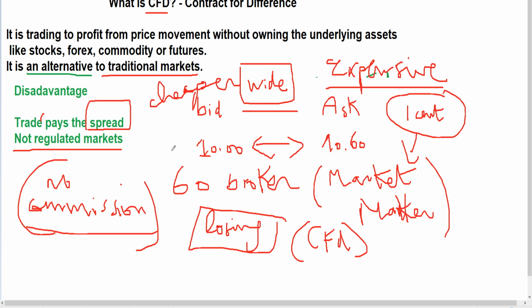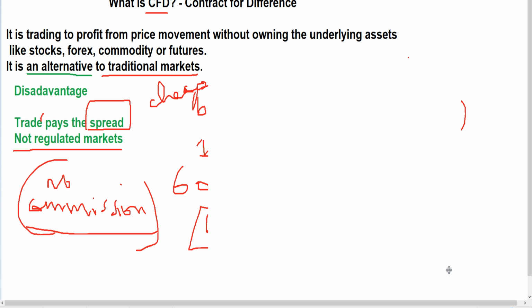So most of the people, when they want to do trading, this has to do with the reputation of the broker.